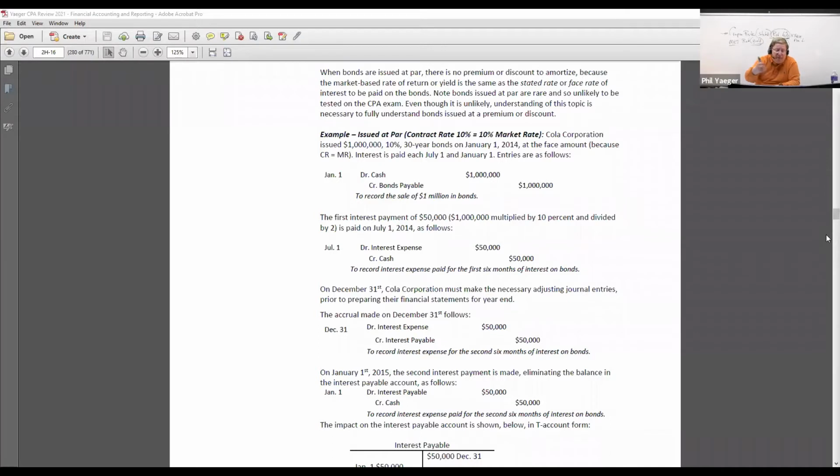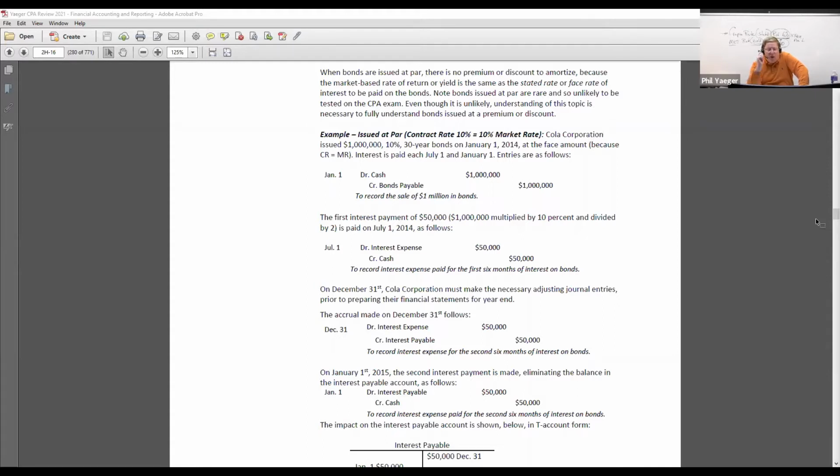Roughly $1 million. So therefore, they actually owe at the end of 6 months 5% of $1 million, or 50,000. So what's my interest accrual? Debit interest expense 50,000, credit interest payable. Do you see that?